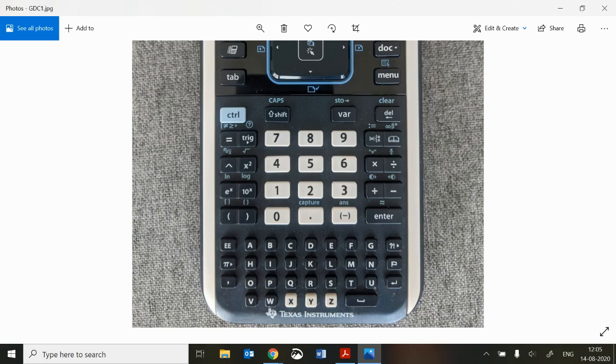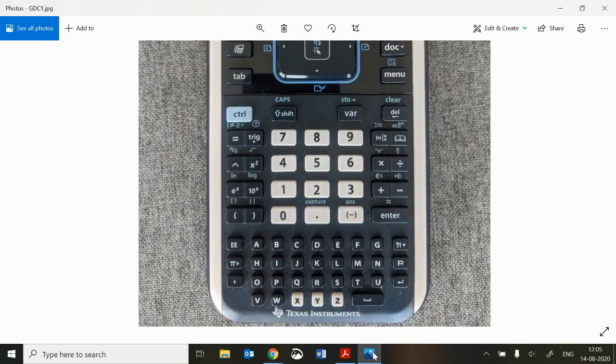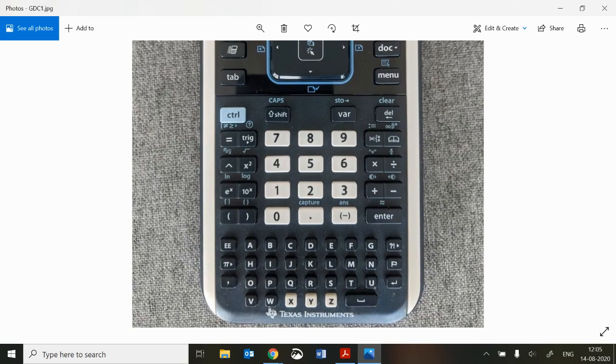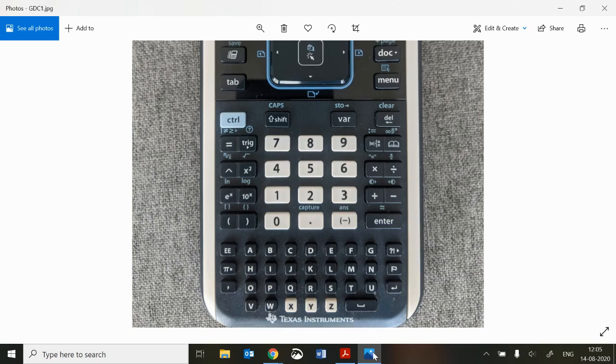It's not defined by i as the letter, it's defined through the pi key over to the bottom left. If you see the pi key at the bottom left, there's a little arrow on this one, and it leads to a whole load of little commands, and one of them allows you to put in the square root of -1, in other words, i. Okay, that's one thing to note there.